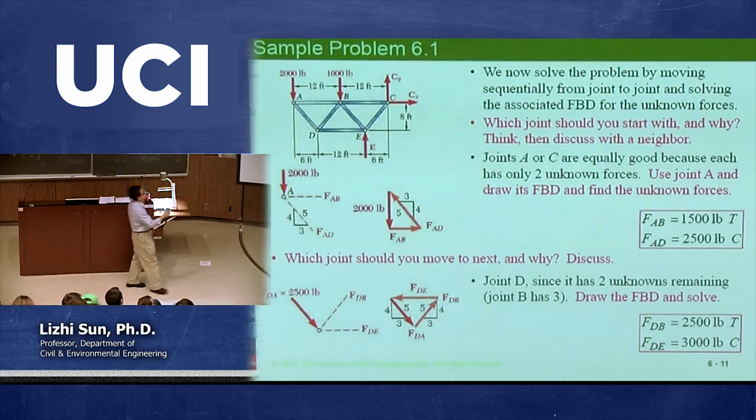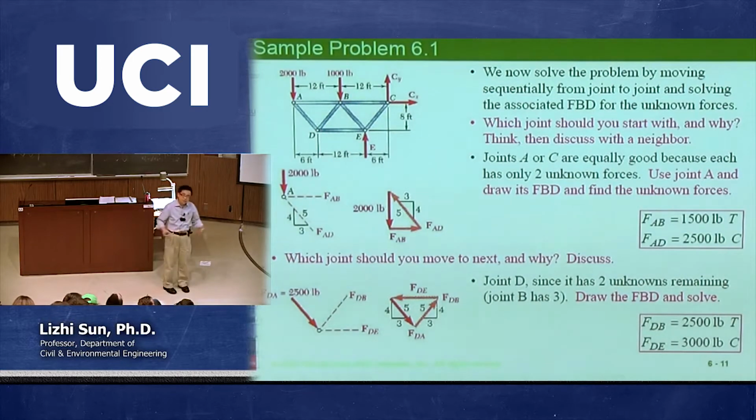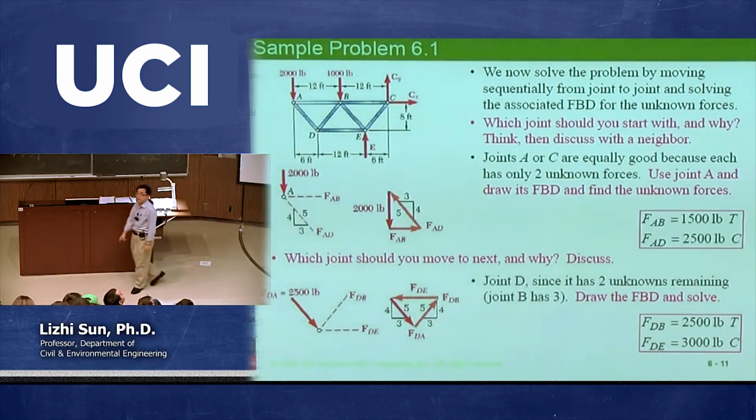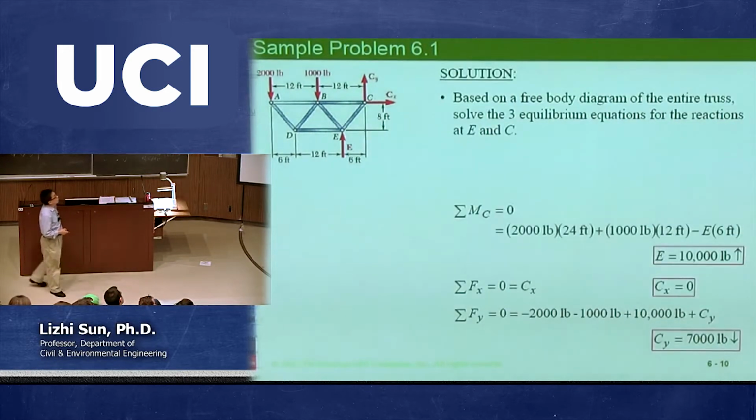If you first look at some joint with 3 or 4 members, it doesn't solve the problem. So you have to pick some joints with only 2 members, for example point A or point C, and that should be okay. I hope you fully understand the method of joints by looking into this example.